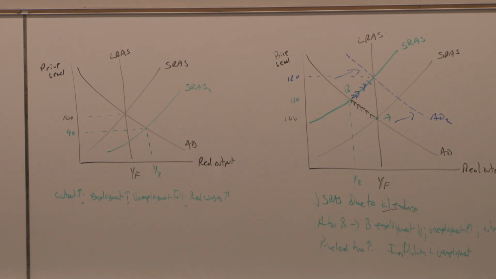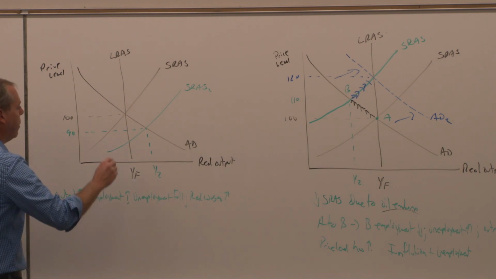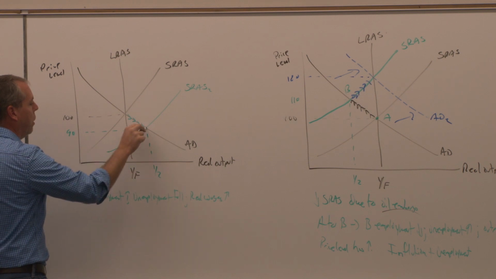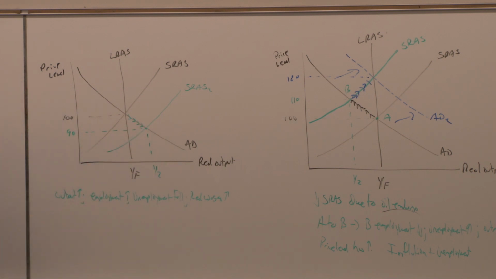And you'll stay there until whatever it was that caused the short-run aggregate supply curve to increase is done. So here, once again, we go like this. We go to here, right? And then when whatever caused the short-run aggregate supply curve to increase is finished, we move basically back to point A.